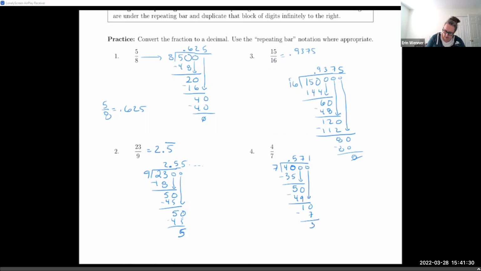We get a 3. Bring a 0 down. Extend my division bar, excuse me. 7 goes into 30 4 times because 4 times 7 is 28. Subtract, and we get 2. Bring a 0 down. 7 goes into 20 2 times. 2 times 7 is 14.